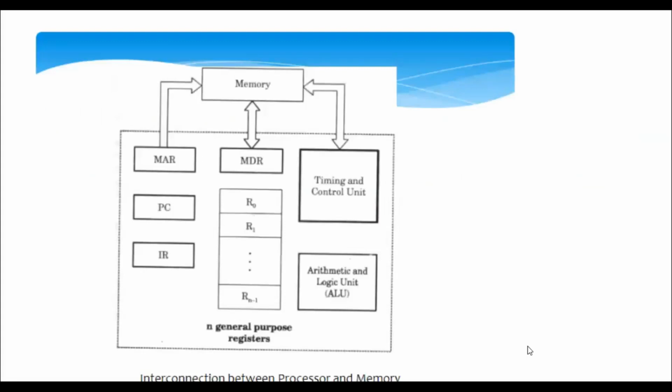The figure shows the interconnection between the processor and the memory. The memory is the storage location, whereas the MAR, or the memory address register, holds the address of the current instruction that is to be fetched from memory, or the address in memory to which data is to be transferred.